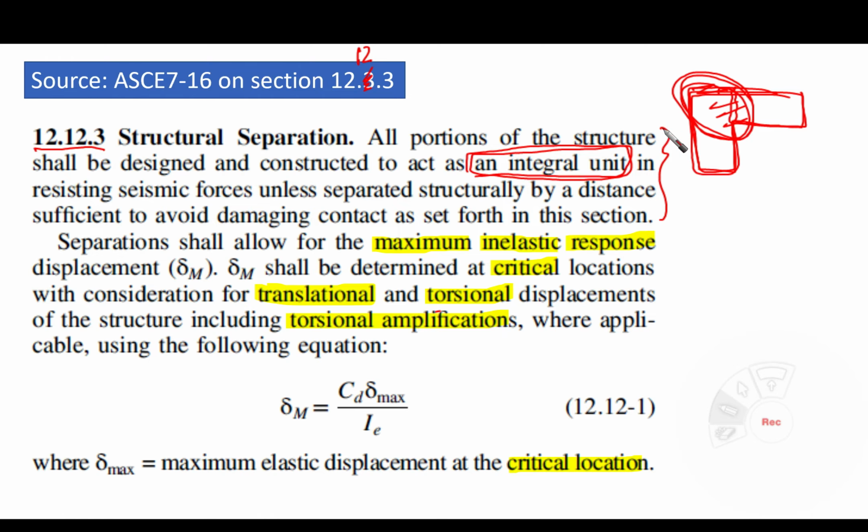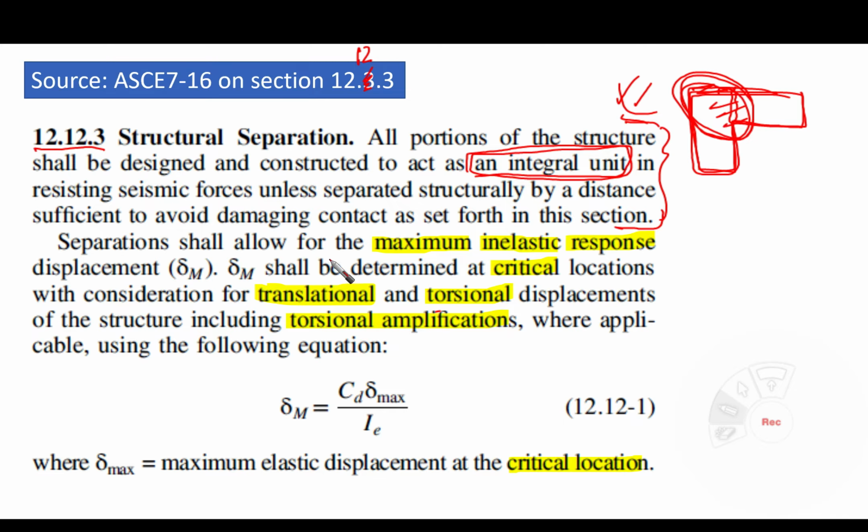That's an important thing that the engineer should take care of: you need to separate whenever you think that the integrity, having all the building parts together, is going to worsen the situation.